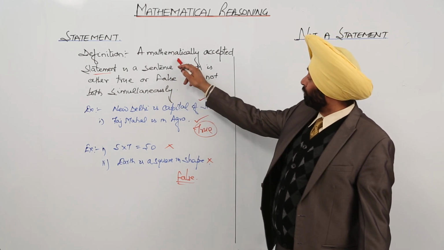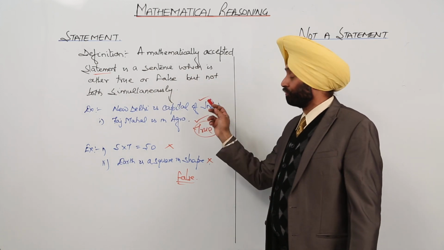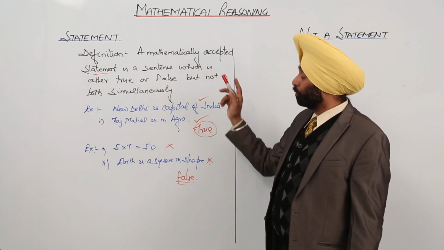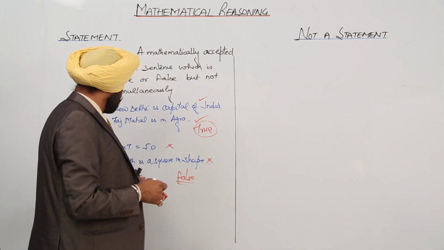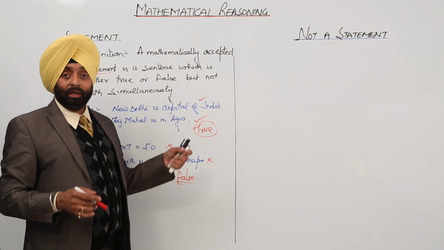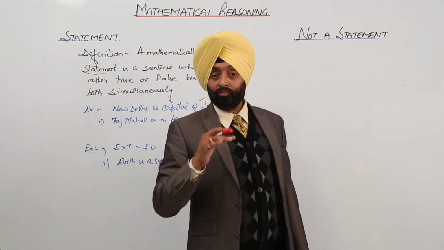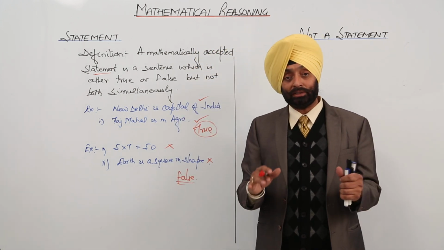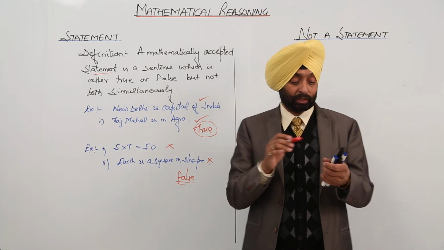A mathematically accepted statement is a sentence which is either true or false, but not both simultaneously. So for example, we can't say that New Delhi is the capital of India can be true and can be false. Is it clear? So statements are when the sentence is either true or false. That is called a statement.